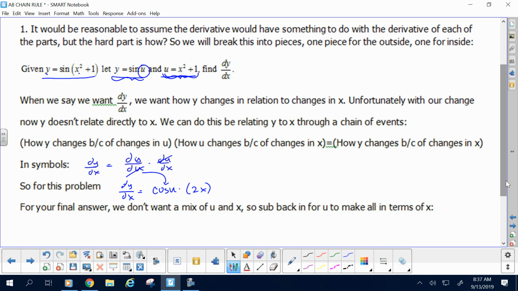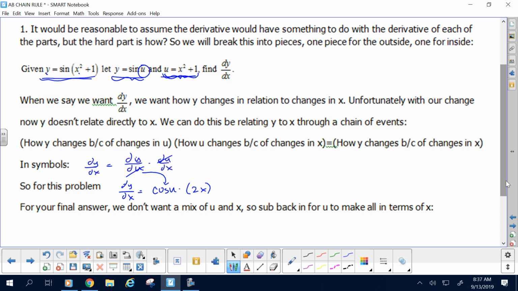We're getting there. But for your final answer, the original problem didn't have any u's in it. It was y equals sine of x squared plus 1. There was no u. So for our final answer, if we don't want a derivative that has u's and x's, because you'd look at that and say, what's u? Where did u come from?